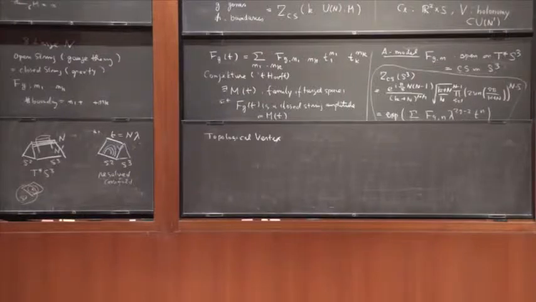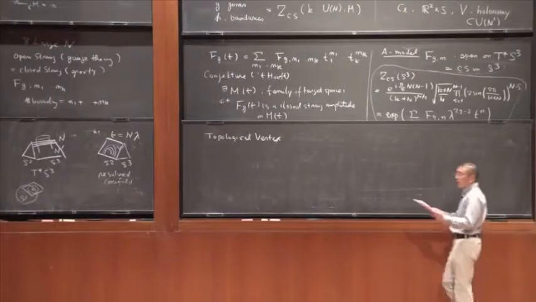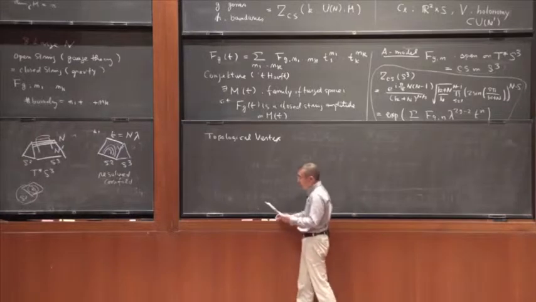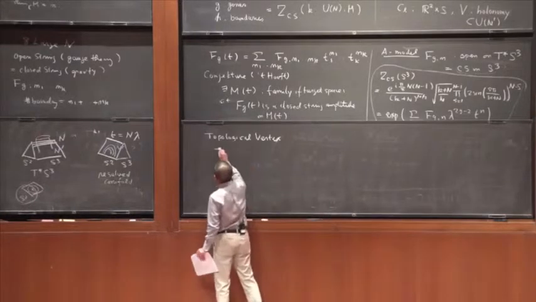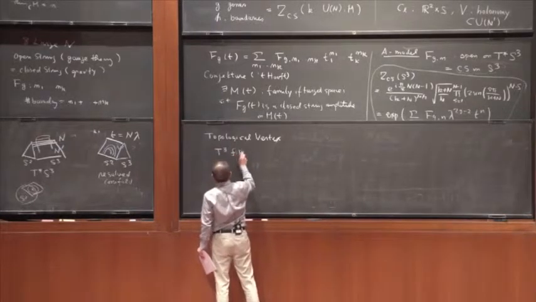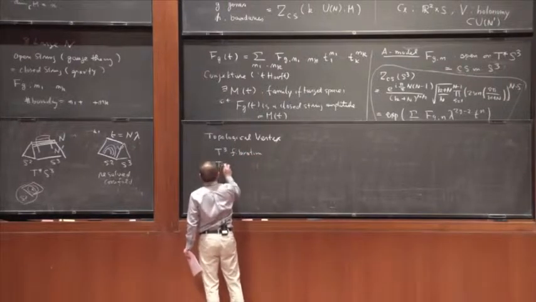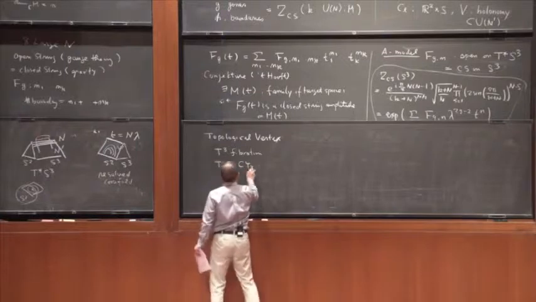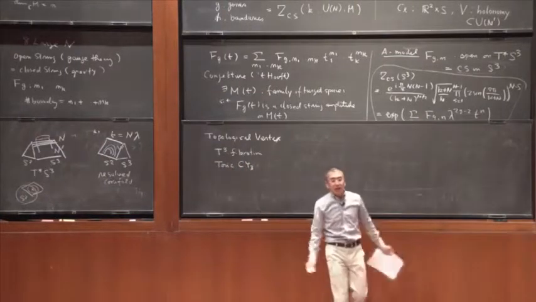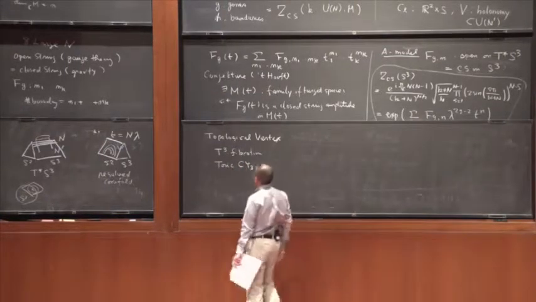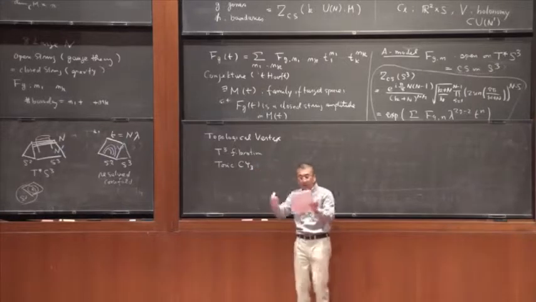Now, yesterday, I presented the toric Calabi-Yau manifold. I defined them as T3 fibration. And then I drew some diagrams to describe the toric Calabi-Yau as a three-dimensional diagram.